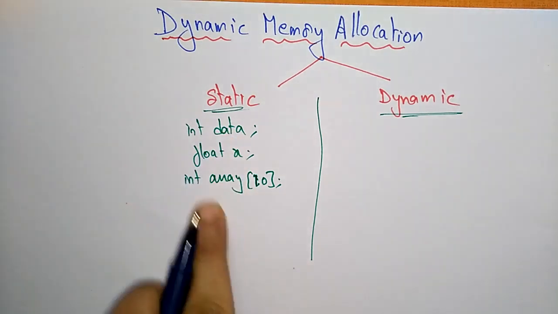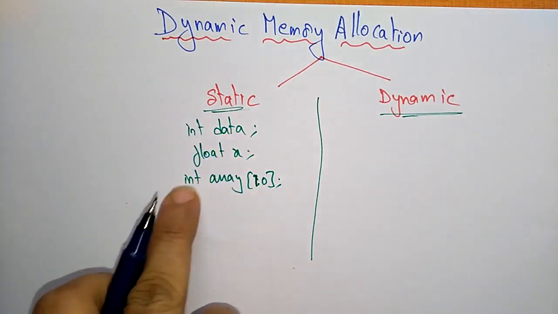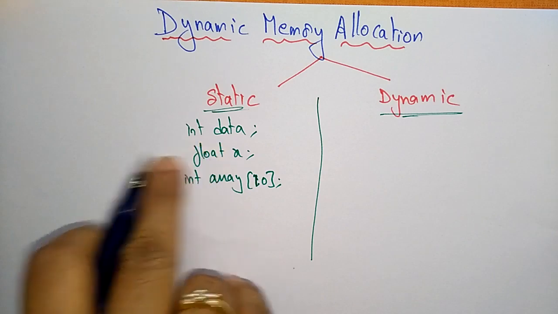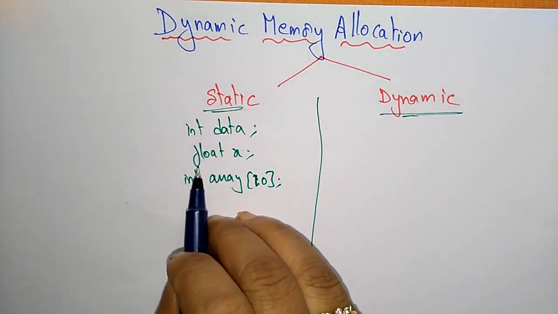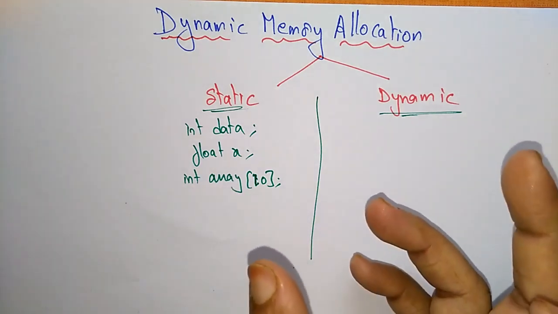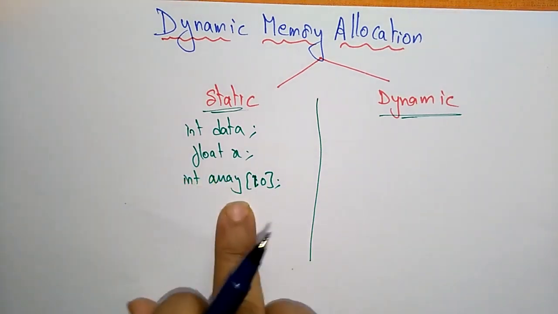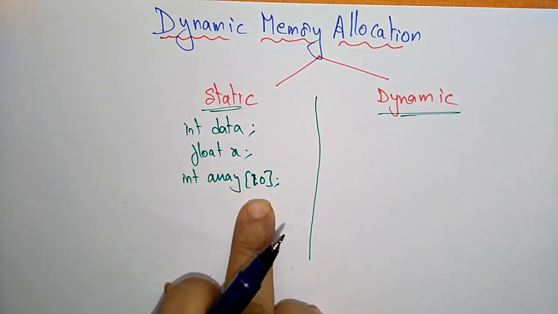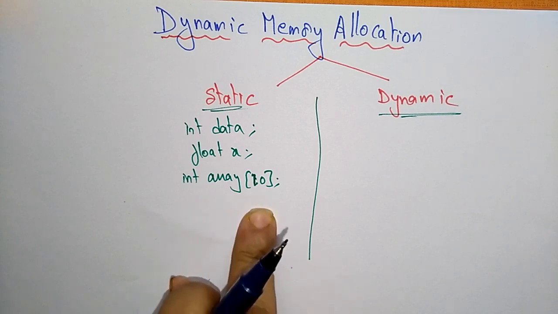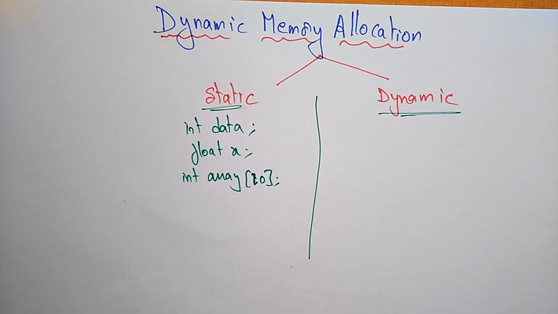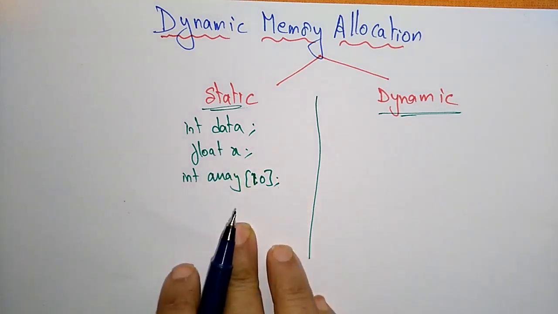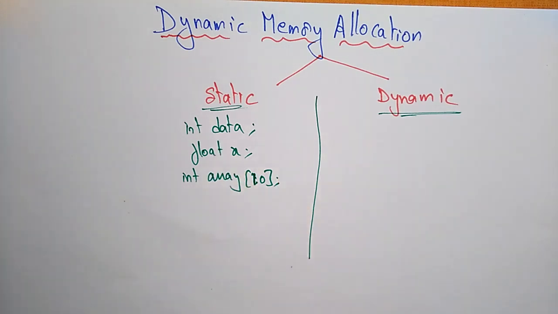I declared the data as an integer, so some integer amount of data will be allocated. And for float, a float range amount of memory will be allocated. For the int array, an array of 10 spaces will be allocated in the memory. So we already know that we will be using these variables in the program, which means we know how much memory we need. It is stored in static memory.